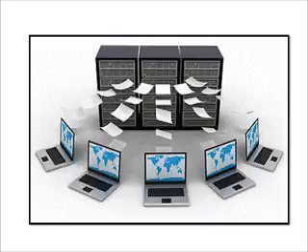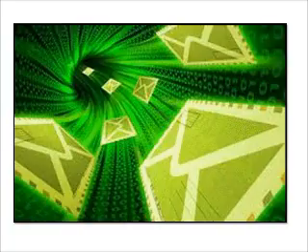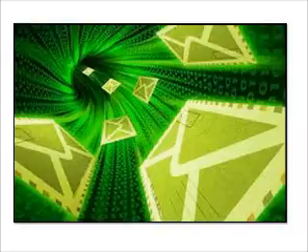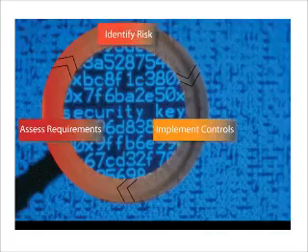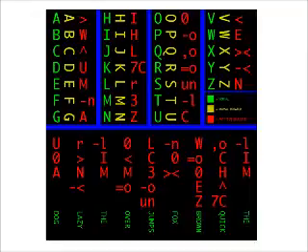HIPAA also standardizes the use of the code sets for standardized scrambling software for electronic transmission of claims. So in other words, these claims are being sent out electronically. The information, as we discussed earlier, needs to be encrypted so that it's not able to be intercepted and therefore altered or stolen as far as the patient's information.